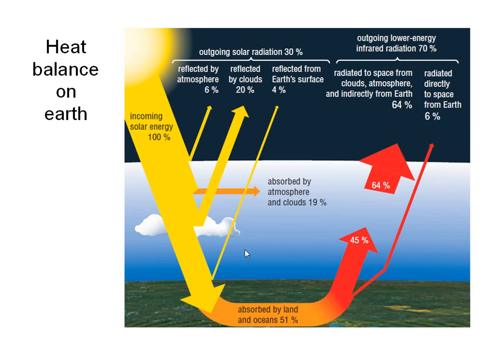So the heat is in balance here, and then the temperature of the Earth as a whole, the average temperature of the Earth should be kept at a constant number, right?